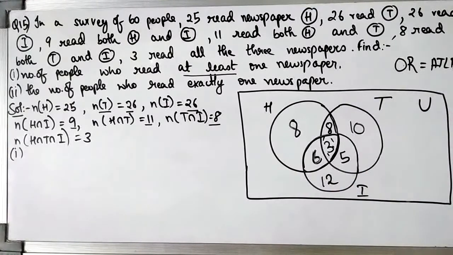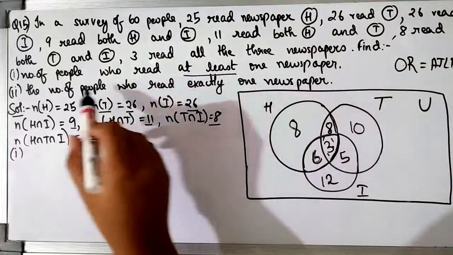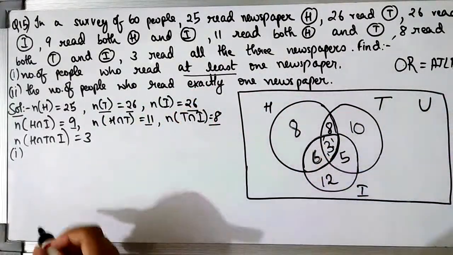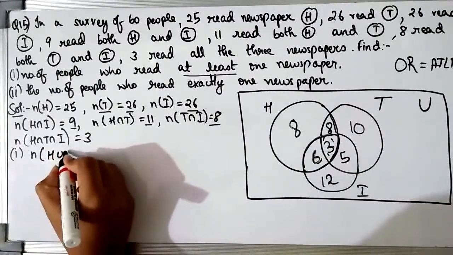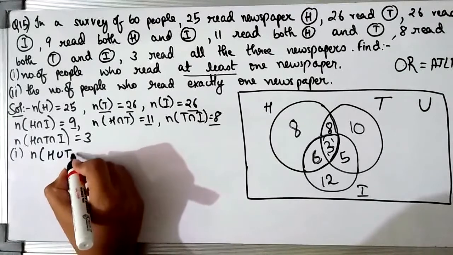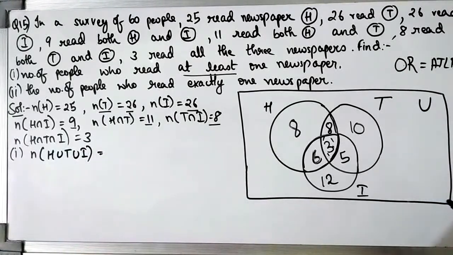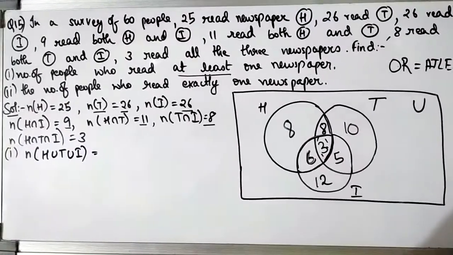Now we are going to solve a question. They have asked us to find the number of people who read at least one newspaper. That is, we need to find the union of all the 3 sets. So we have to find the number of elements of the union of the 3 sets. Now how to find the number of elements of the union of the 3 sets?